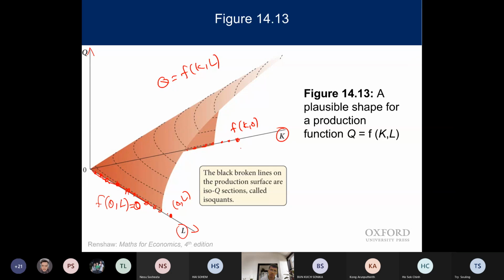Because this point corresponds to K and 0L. So if you choose L to be 0, the level must also be 0. So that's why the surface sticks right to the K axis, and when they are not 0, it will be a particular level, right? Yeah, you begin to have some output, right? So this shape is going to be reasonable for the production function.